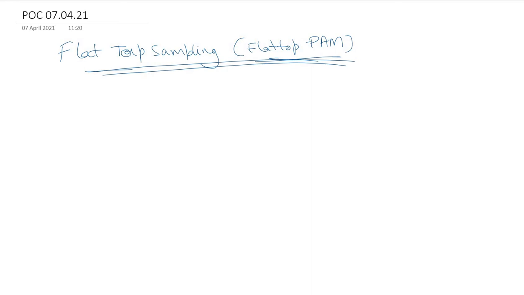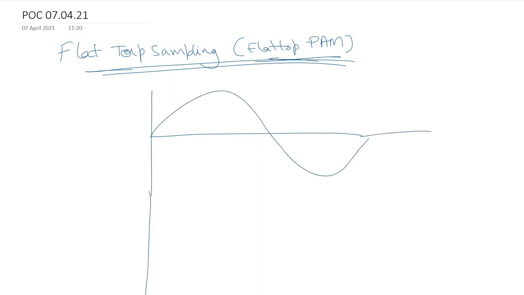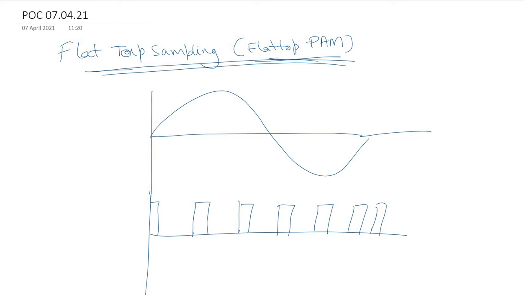One simple way is that, suppose we have a message signal, a sinusoidal message signal, and you multiply it with a train of pulses. If you multiply this analog signal with a train of pulses, we get a natural PAM, right?